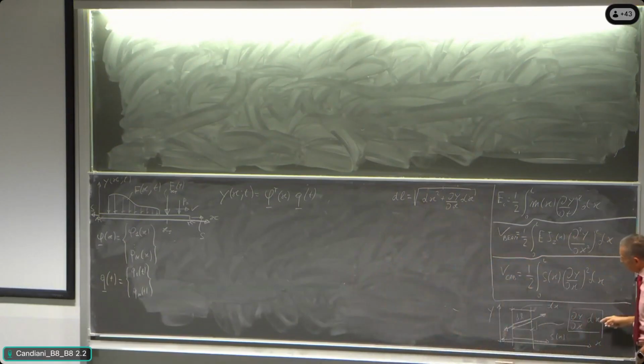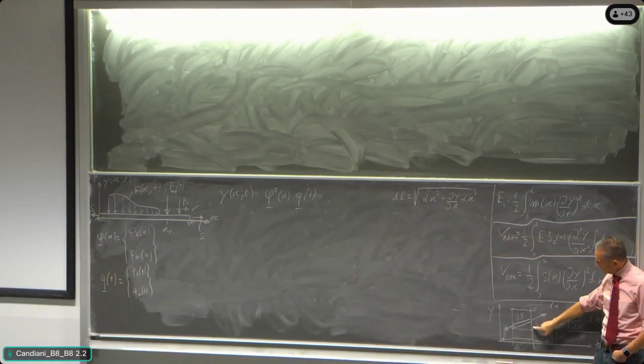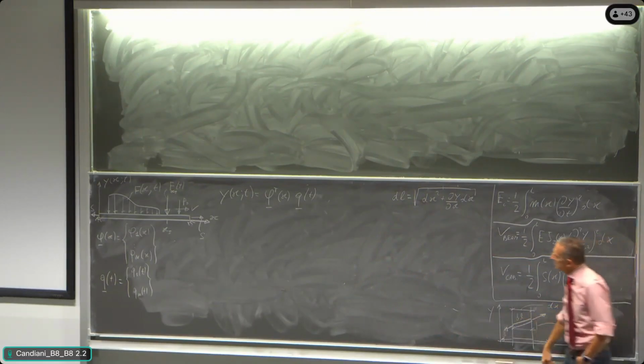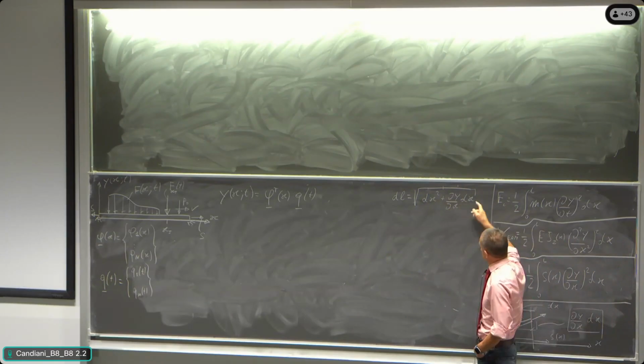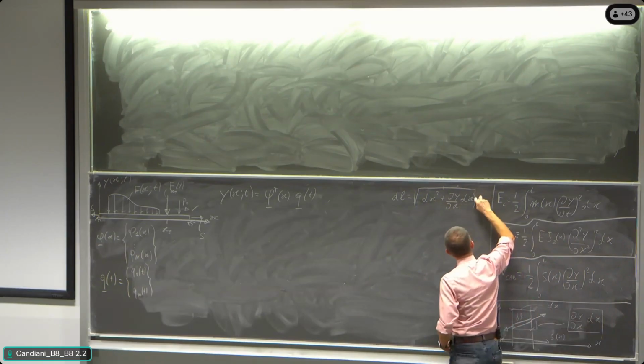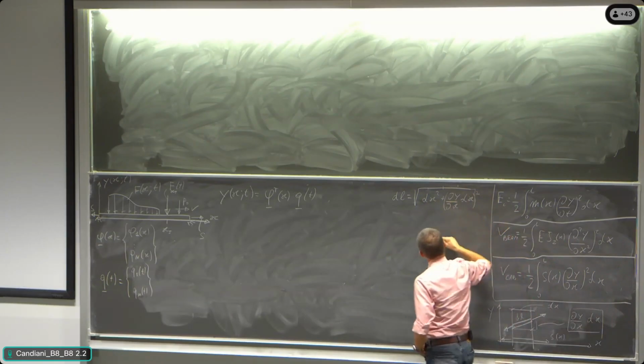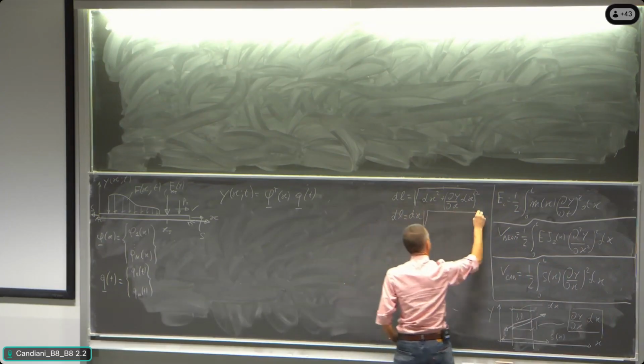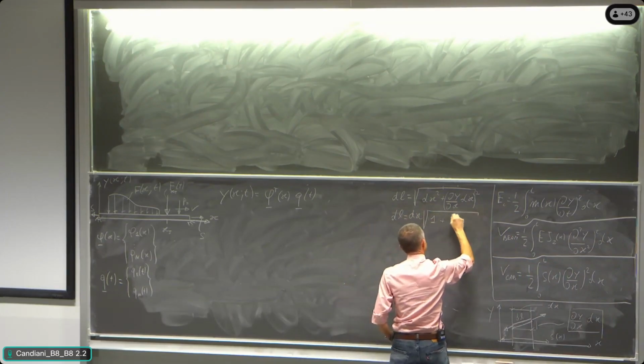This is the Pythagoras theorem: this quantity square plus this quantity square makes this quantity square. And so we write dl equals dx times the square root of 1 plus dy over dx, all squared.